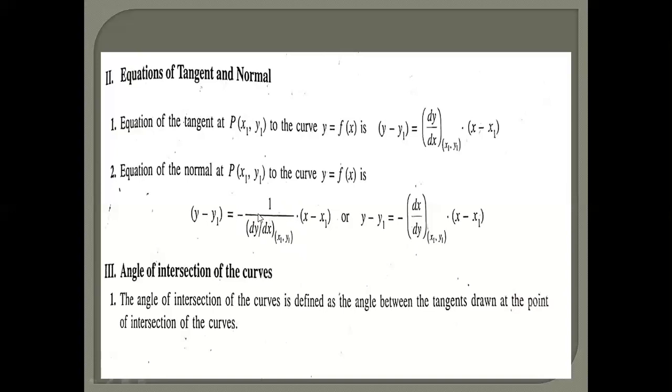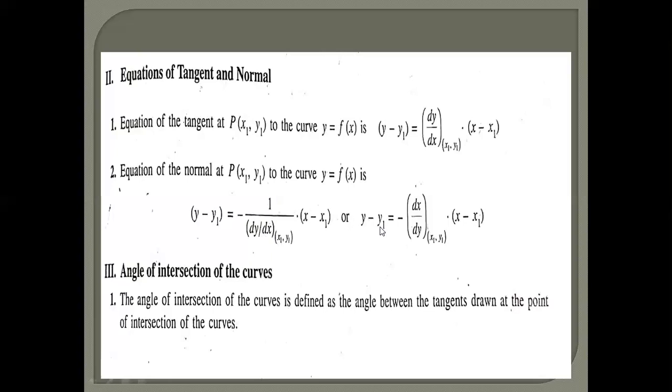This is the slope, and the given point, then y minus y1 is equal to minus 1 by dy by dx at the given point into x minus x1. This equation is known as equation of the normal.